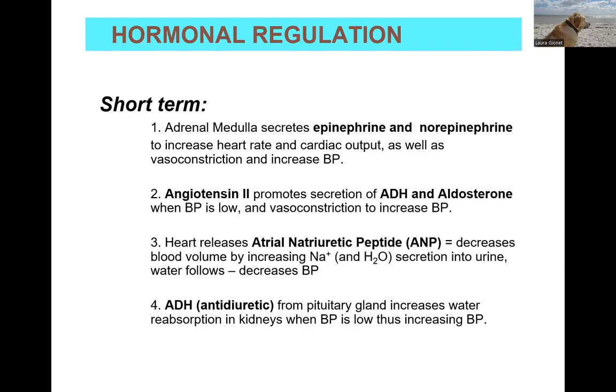But, as per our discussion of the autonomic nervous system and sympathetic stimulation, we use the adrenal medulla to release epinephrine and norepinephrine as hormones into the bloodstream to increase heart rate, to vasoconstrict, increase blood pressure, and so forth.